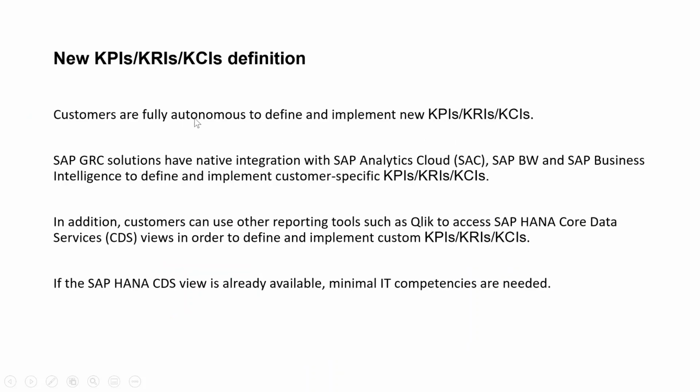You are fully autonomous for that. Also with our solution or BI solution, we can define, create, and implement customer-specific KPIs, KRIs, KCIs, key control indicators. But you can do that with other reporting tools, of course.